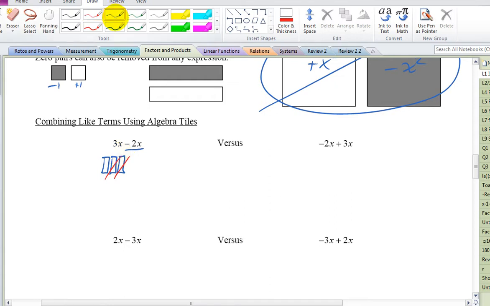Now, compare that to having a minus 2x. So you start with negative 2x, and now you have to add 3x. So what we're going to do is pair up the positives and negatives. And we have zero pairs forming, and we remove them.